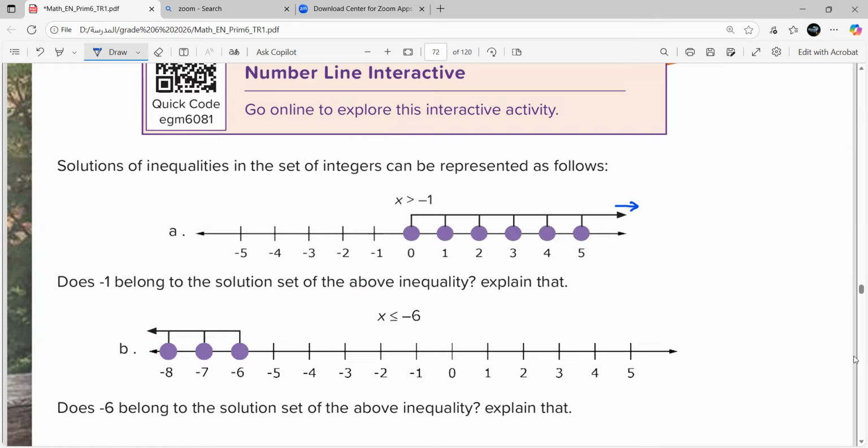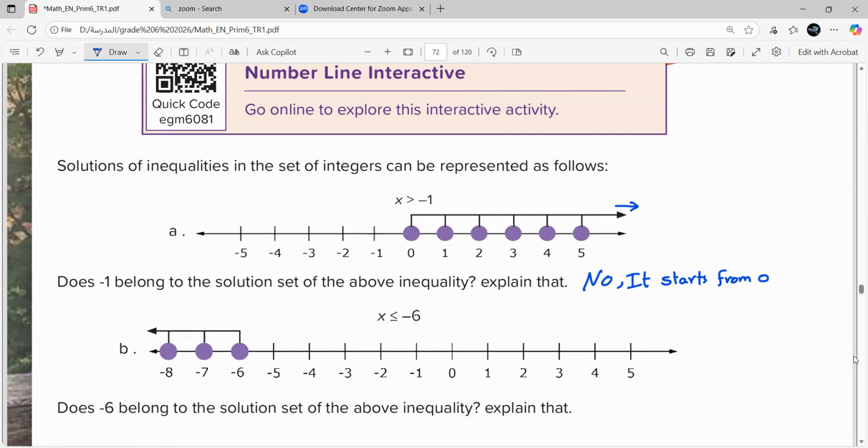Does -1 belong to the solution set? No. Why? Because the solution set starts from 0. So -1 doesn't belong to this solution set.